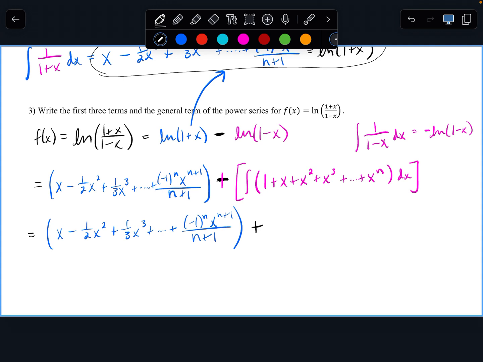Yeah, because we have to deal with the general term, which will be interesting. We'll see what happens. We're just kind of rolling. All right, so what is this thing? If I do the antiderivative, I get x plus 1/2 x squared plus 1/3 x cubed. Okay, I'm going to stop because I only need 3 terms.